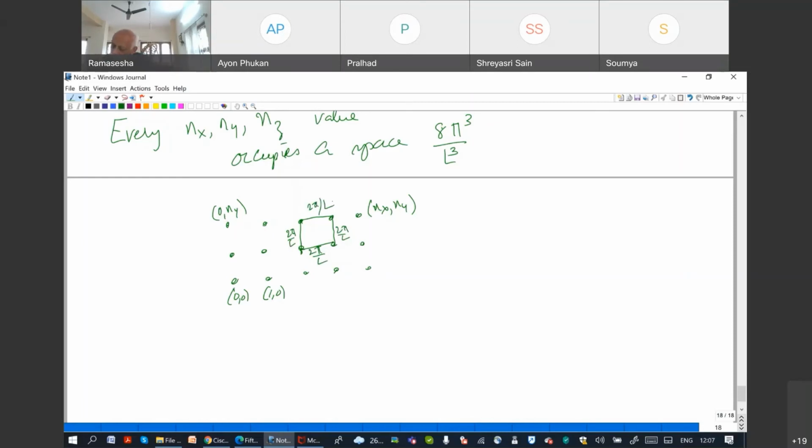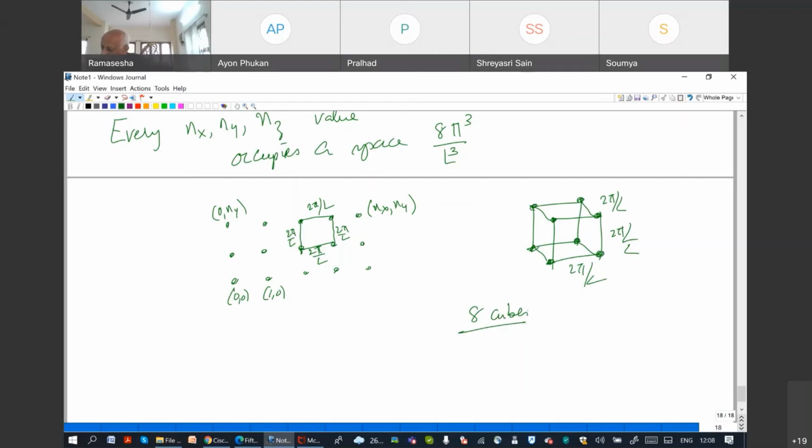Okay. So when you have a simple cube with edges 2 pi by L, how many points are there per cube? When you have a simple cubic structure, every lattice point is shared by how many cubes? 8 cubes, right?